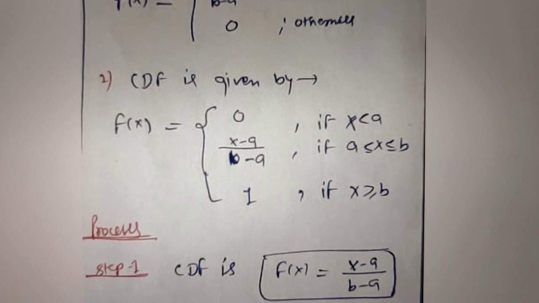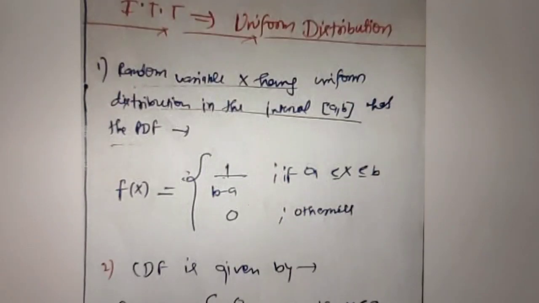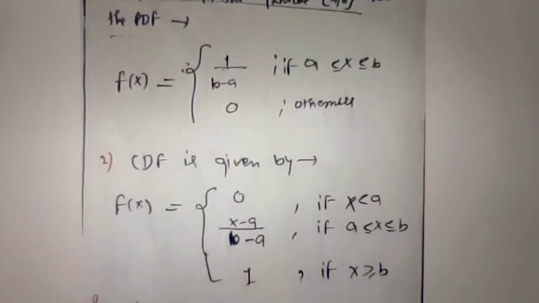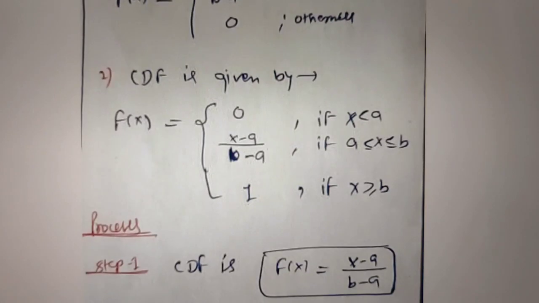For generating a formula for the uniform distribution in the inverse transformation technique, I am going to discuss it step by step. In step 1, the cumulative distribution function F(x) is given as x minus a divided by b minus a.